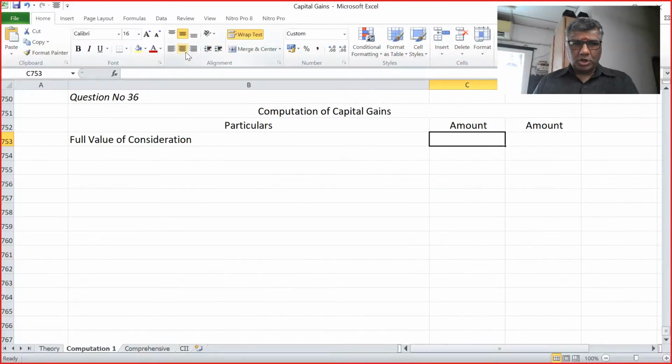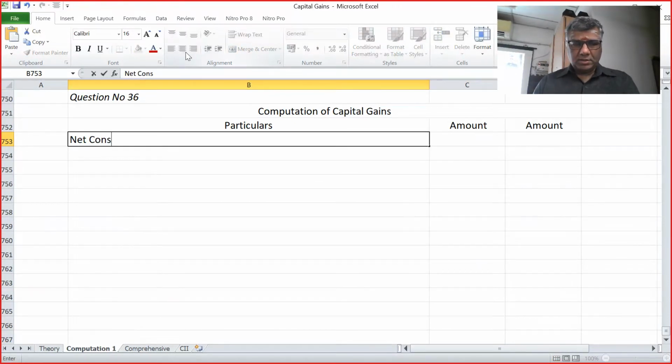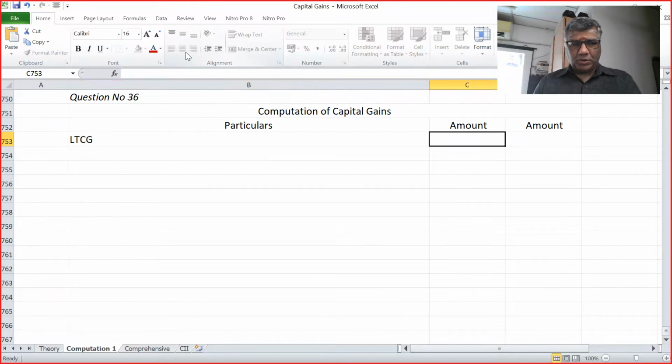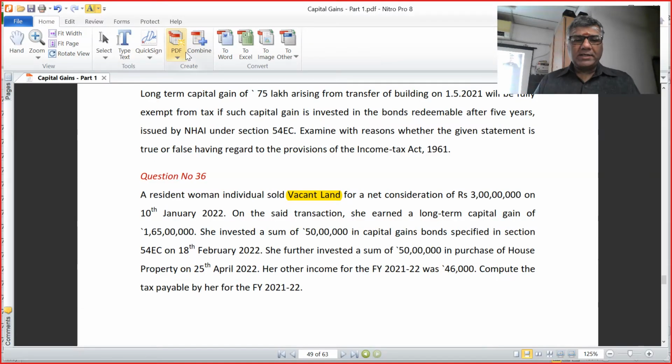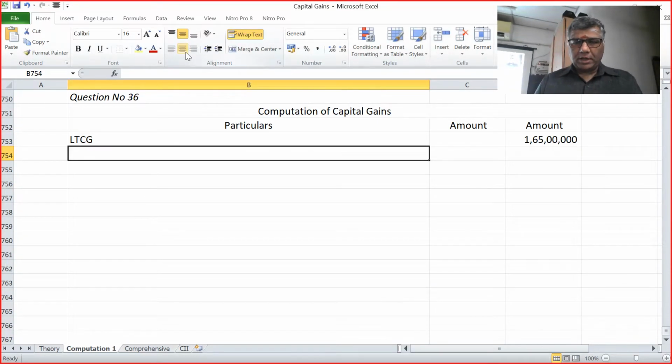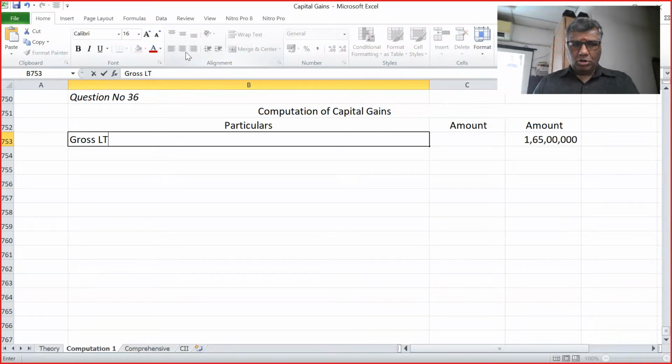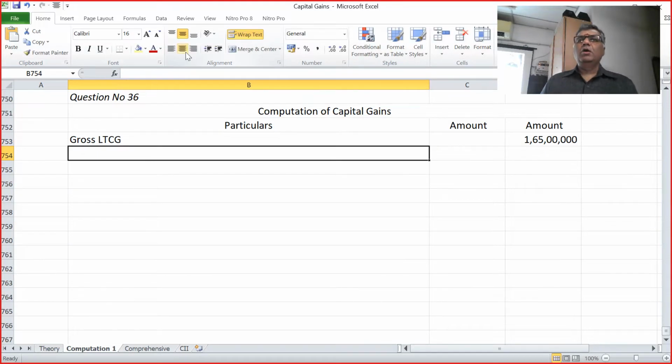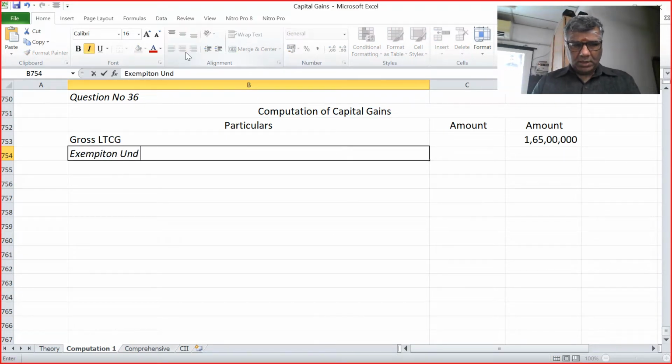The question has given the LTCG itself. Gross LTCG is 1 crore 65 lakhs. Exemption under section 54EC.